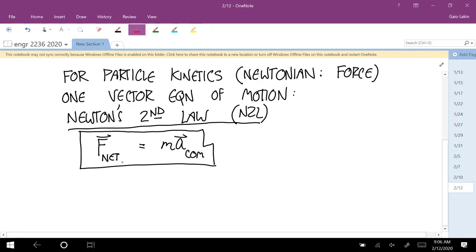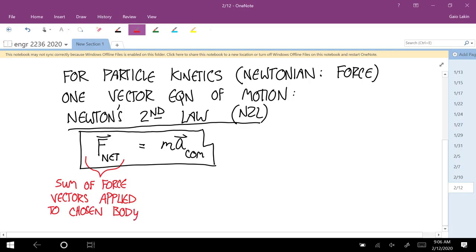So F net, this is the sum of force vectors applied to the chosen body. m is the mass of the chosen body.